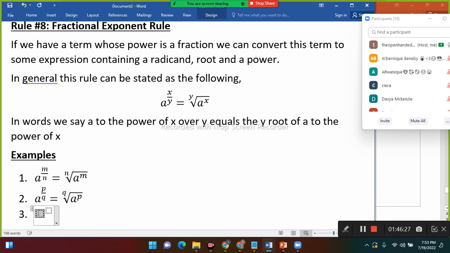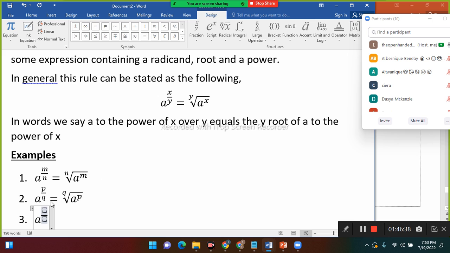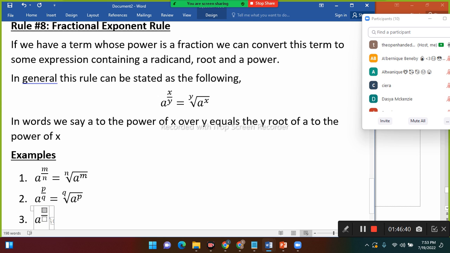All right. So let's keep it with a. Let's say we have a to the power of 2 over 3 equals, what would that equal?